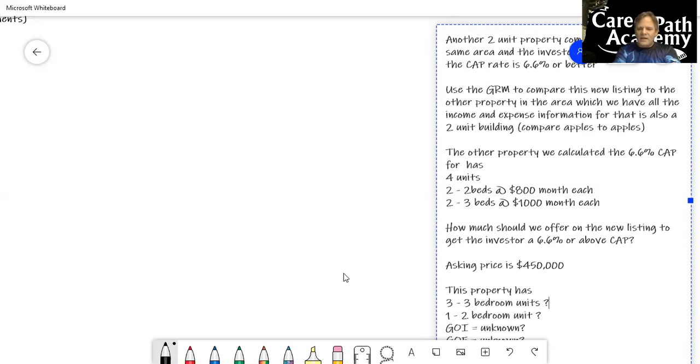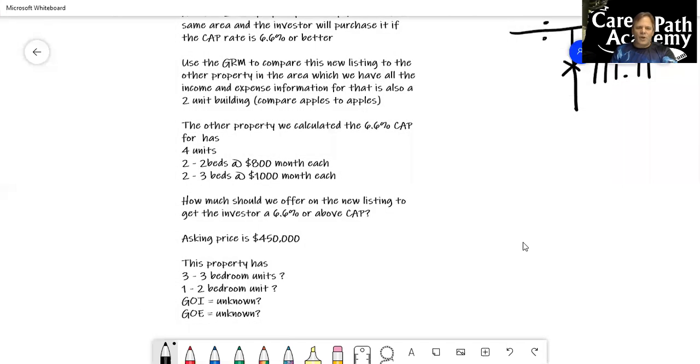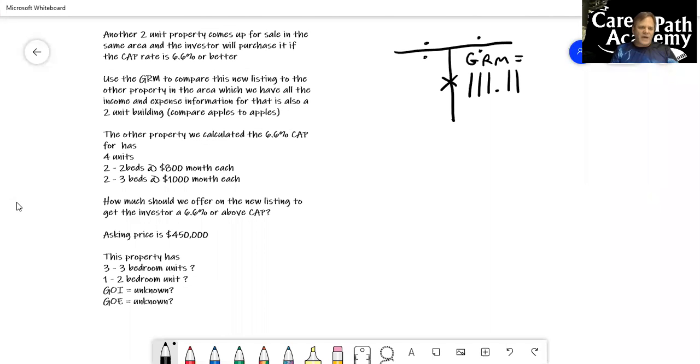However, if we're in a neighborhood, if we're looking for apartments for rent, do 3 bedrooms and 2 bedrooms go for approximately the same price range in the same neighborhood? Pretty much. I mean, depending on the condition of the property.